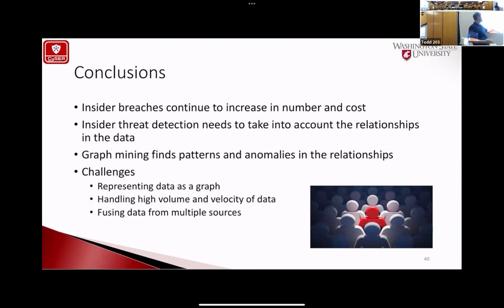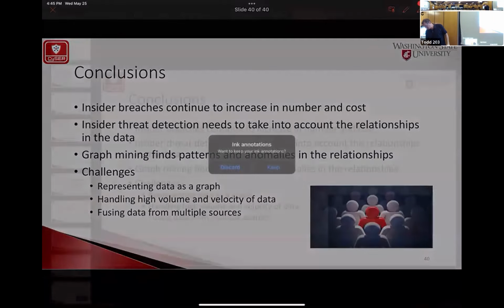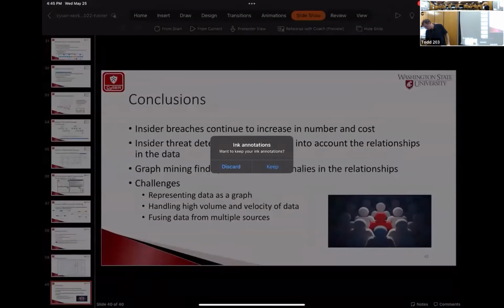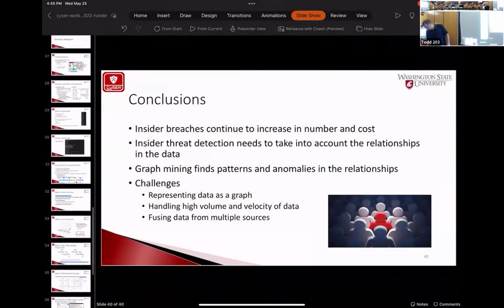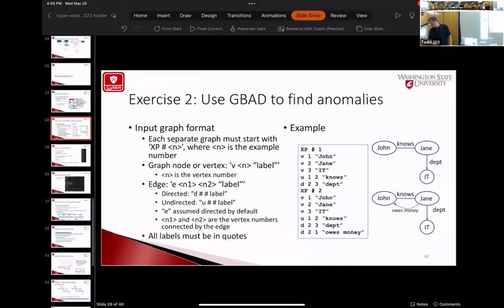So what are the challenges we're dealing with right now and kind of always? One is, how do you represent the data as a graph? Back to this example.